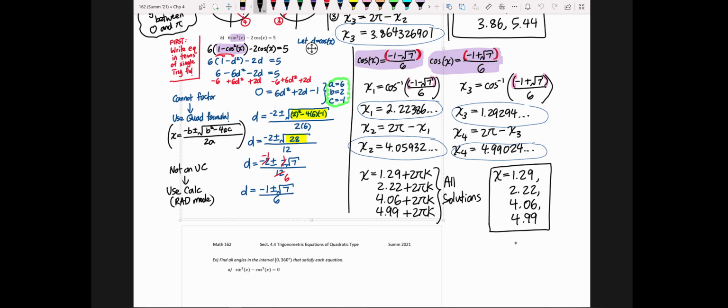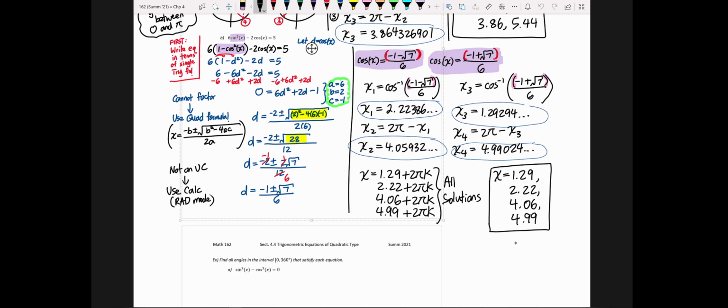Okay, so once we generate all the solutions in the first cycle of our trig function, then we can add period times k to each solution to write all solutions for the equation. So that was a 3-step process. Isolate the trig function, find the solutions in the first cycle of the function, and then add period times k to each solution.